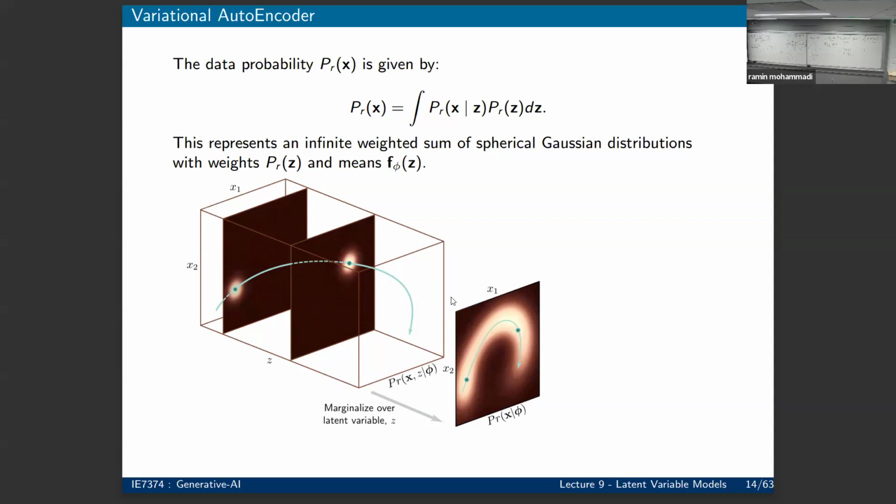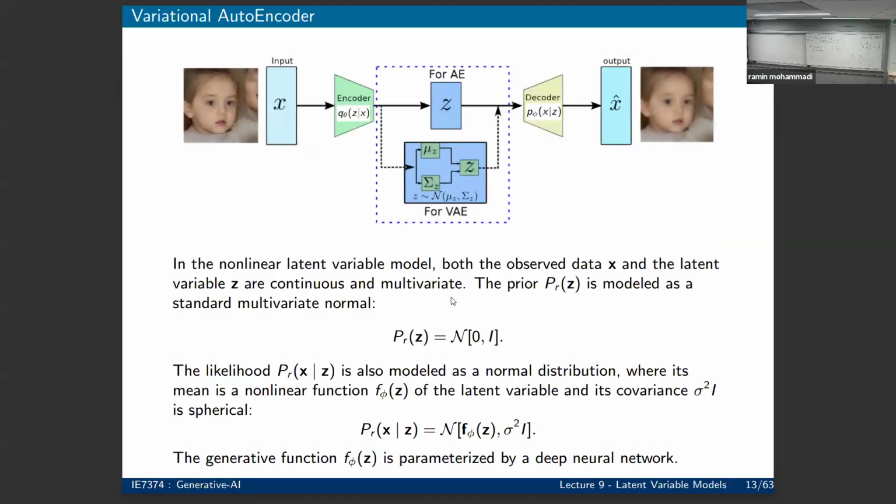We said that Z comes from a Gaussian with mean 0 and covariance I. Then we also said that the probability of X given Z comes from another Gaussian with some mean that we find via a neural network, and the variance is fixed for all of them, sigma squared.